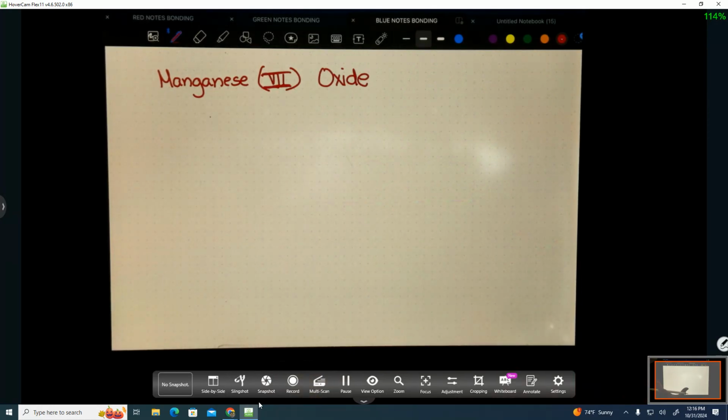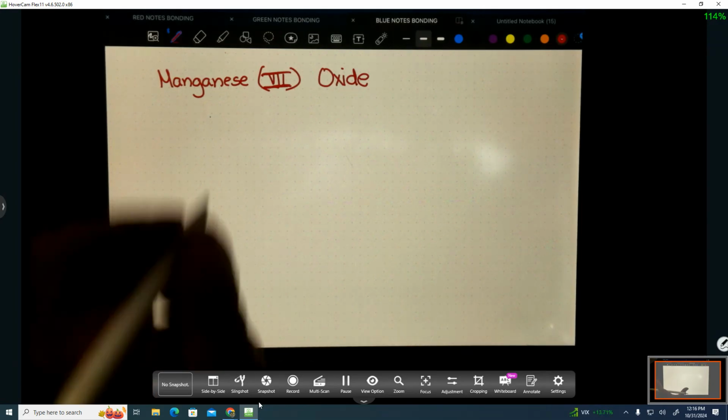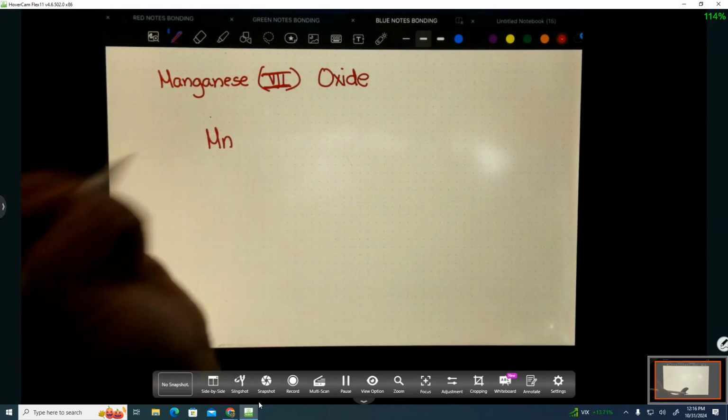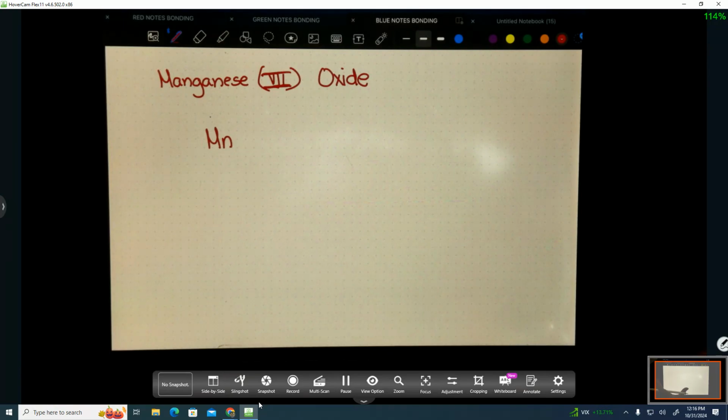Manganese 7 oxide. What's the symbol for manganese? Mn. Manganese is Mn. It's number 25. I told you it was manganese 7. So that's what we're using.